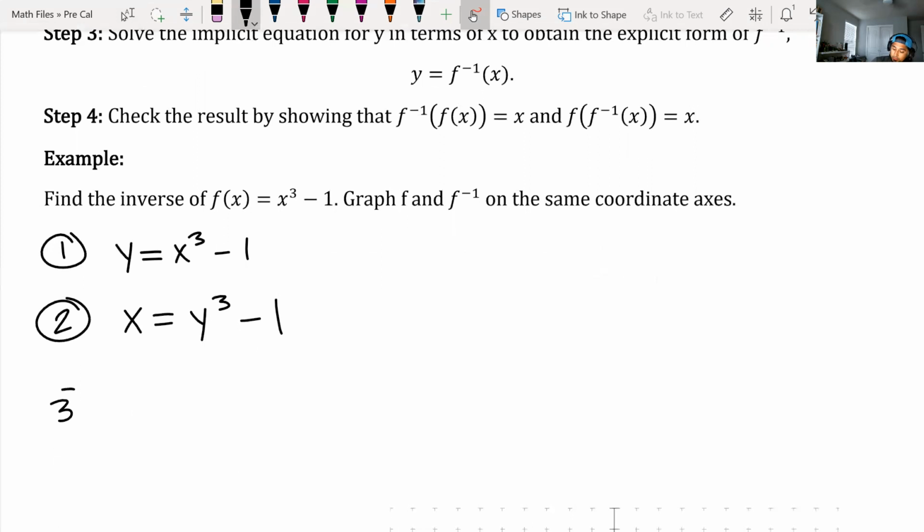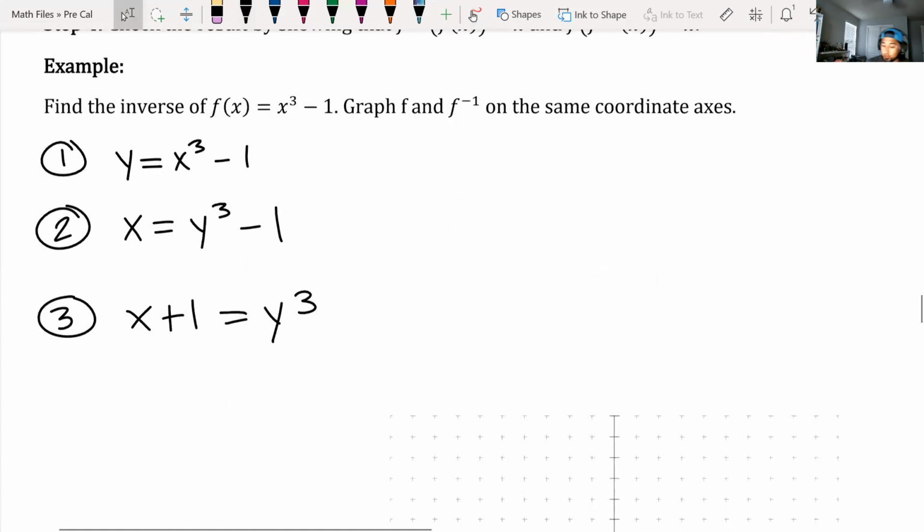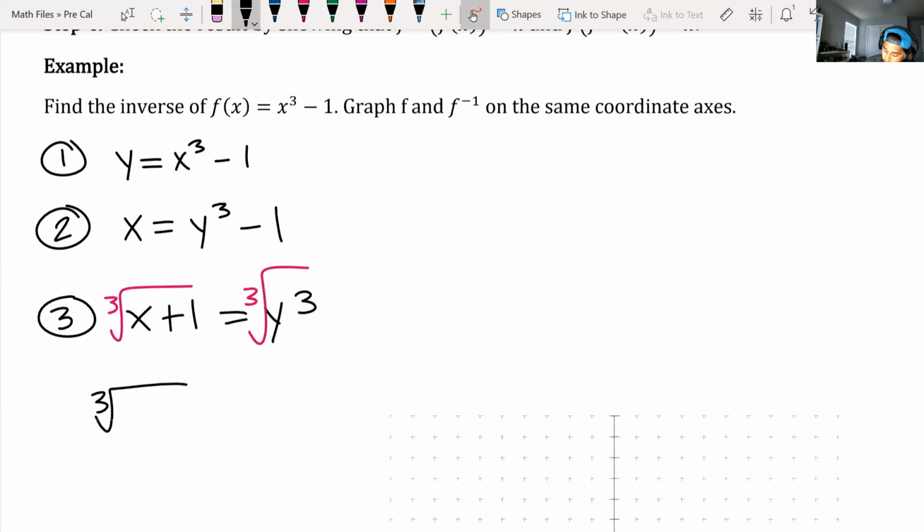So step 3, you'll move that 1 over and you'll get x plus 1 equal to y cubed. And then to solve for y, what would you do to both sides? Cube root it. Cube root, good. You would cube root both sides, and we would end up with the cube root of x plus 1 equal to y.